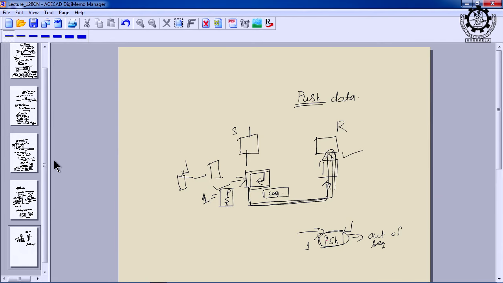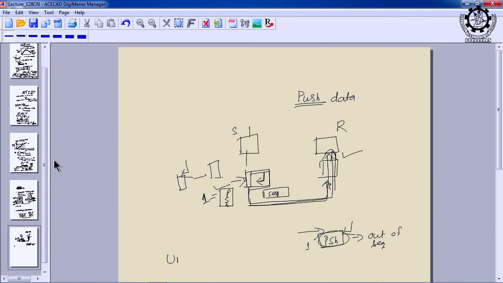It does not entertain out of sequence segments, but only when push is set to 1 can the receiver process an out of sequence segment and get back the result. That is one of the very important operations provided by TCP.